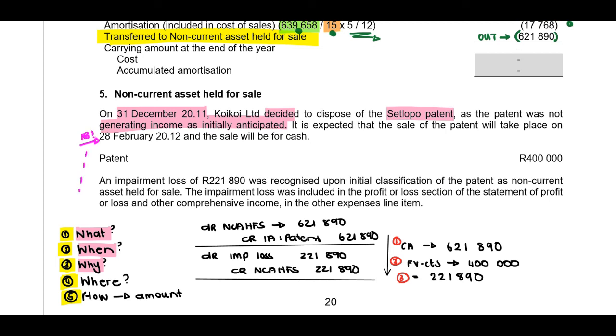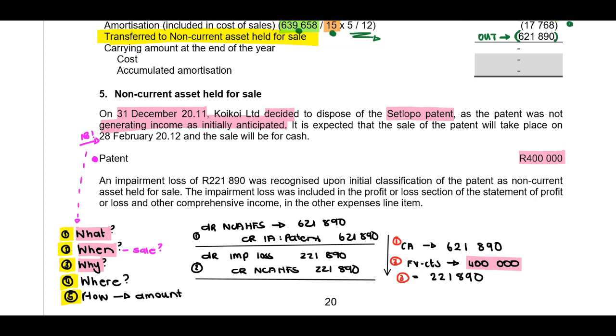Therefore, if you want to include here a date when the sale will take place, then we need to include our line item, patent, and that the patent will now be carried at 400,000, fair value less cost to sell. If you look at our journals, add journal 1 plus journal 2 here at the bottom. 1 plus 2, this will be 400,000.